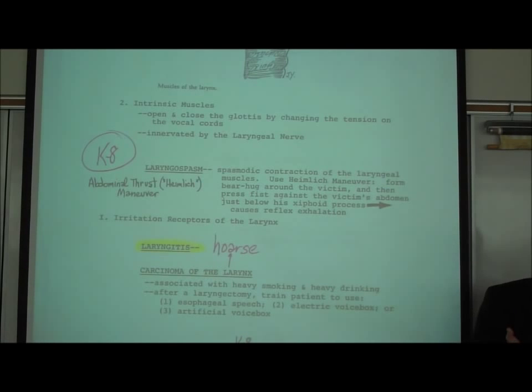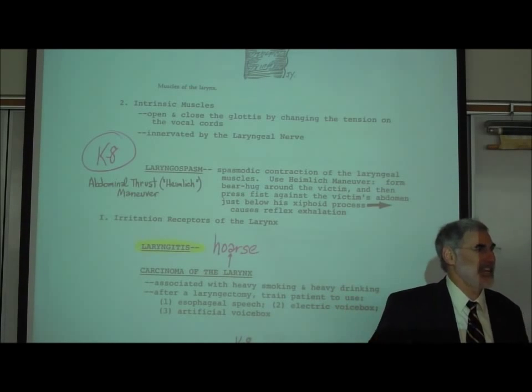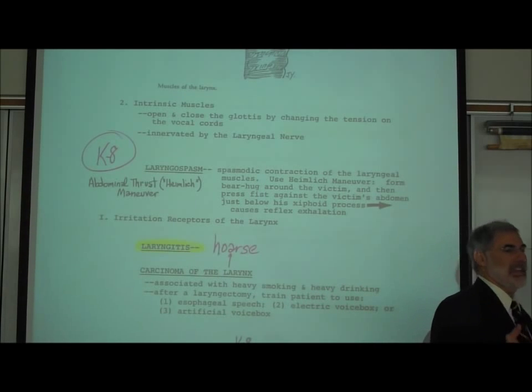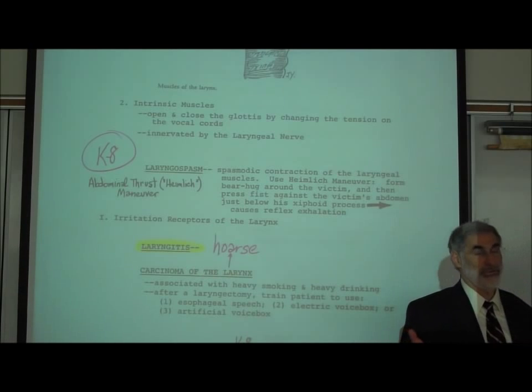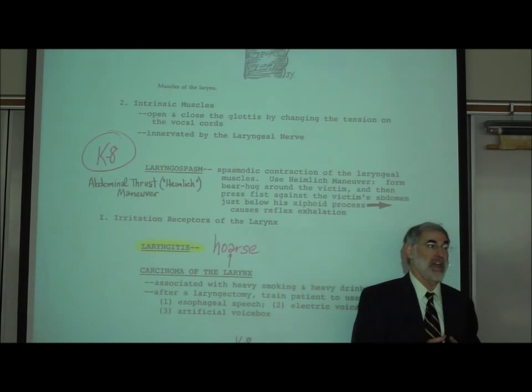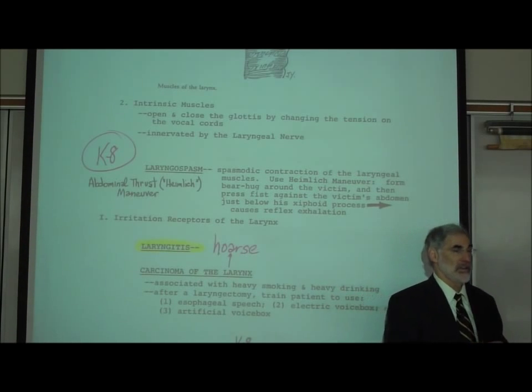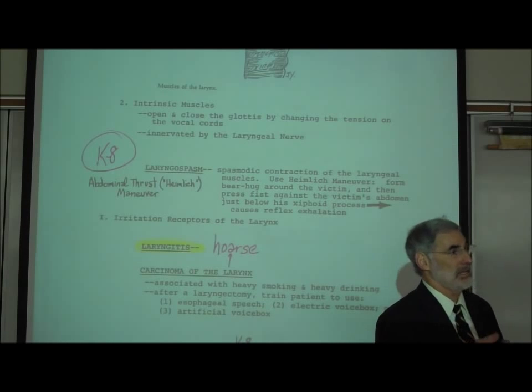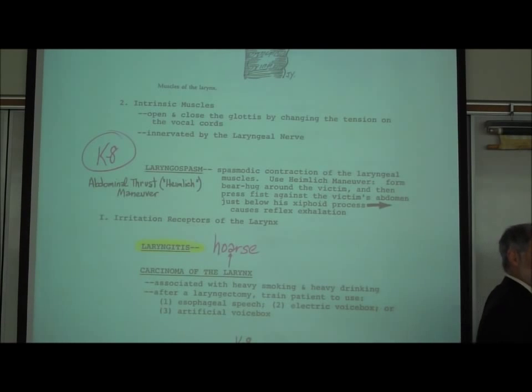Of course, the Heimlich maneuver isn't going to help in this case. There's nothing stuck in the larynx to blow out. So what do they give people with this allergic reaction where they can't breathe? They give them epinephrine or adrenaline. There's something called an EpiPen, and a lot of people will carry an injectable shot of epinephrine with them in case that happens. But the Heimlich maneuver isn't going to help in that case.